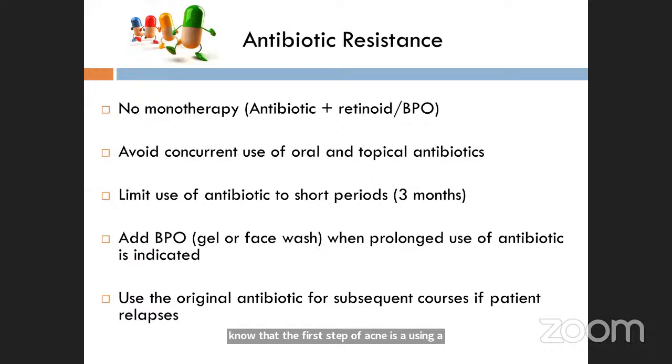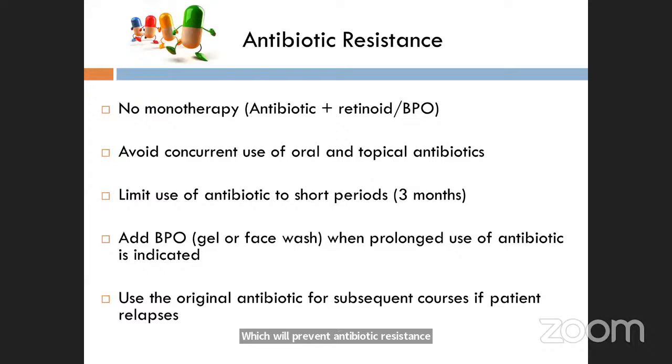Pathophysiologically it doesn't make sense, and it can lead to antibiotic resistance. So when you are giving a topical or oral antibiotic, always combine it with a benzoyl peroxide or a retinoid, which will prevent antibiotic resistance from happening.